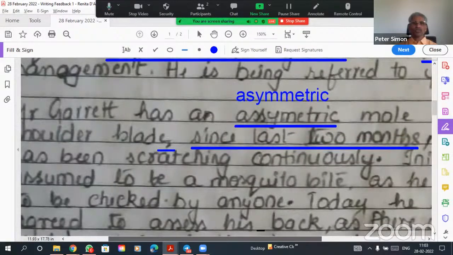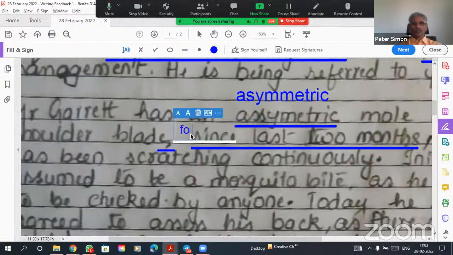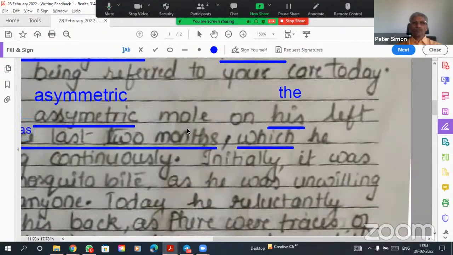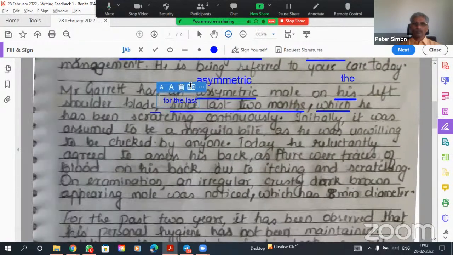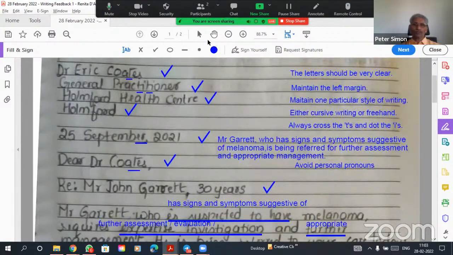For the last 2 months, not since. You have to say for the last 2 months, not since. For the last is for a period of time. Since is for a point of time.